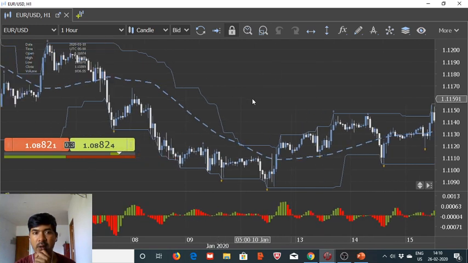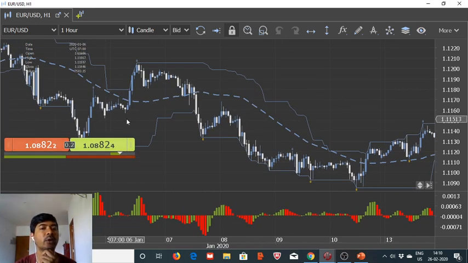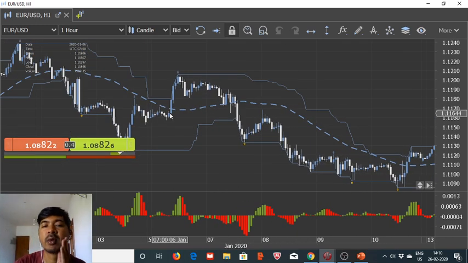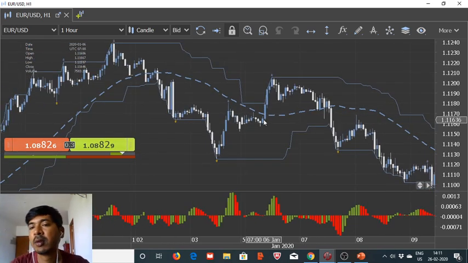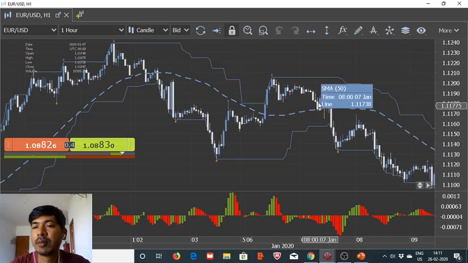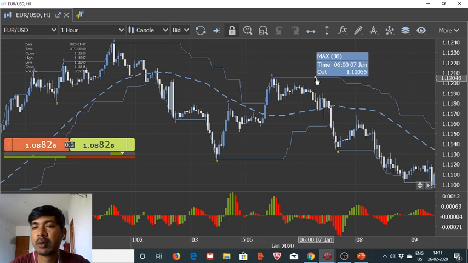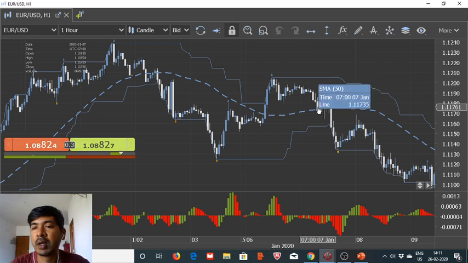I don't know if we should keep the minima and maxima difference with the SMA at 25 pips or 30 pips. Here it is 1.205 and 1.135, so it is more than 30 pips on these occasions.